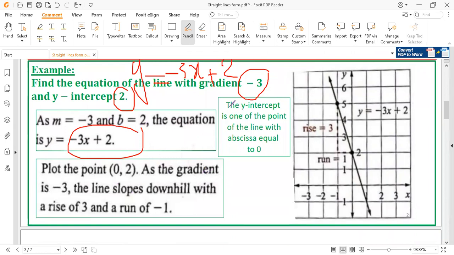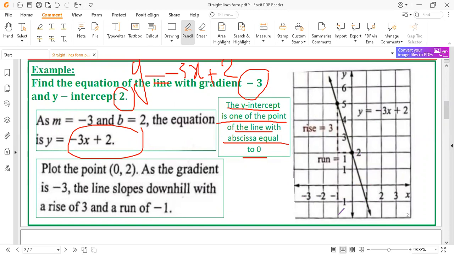Also we should note that, as I said before, the y-intercept is the point of the line with abscissa equal to 0. The y-intercept is the point of intersection between the straight line and the y-axis. This point is located on the y-axis with abscissa equal to 0, because all the points of the y-axis have an abscissa equal to 0.